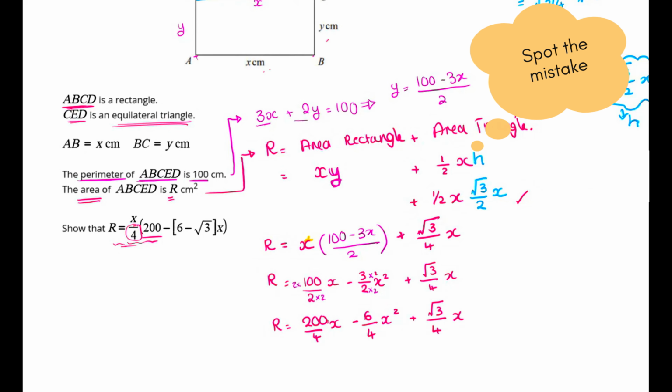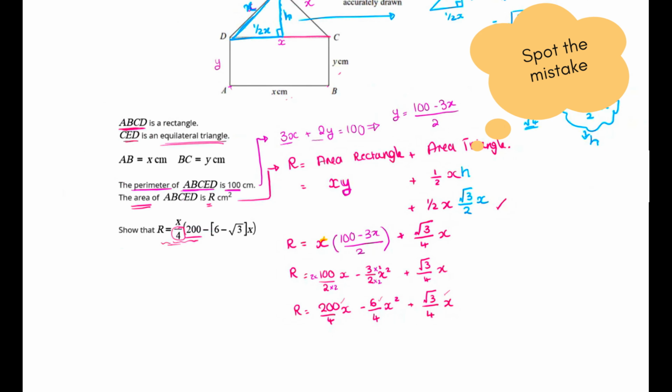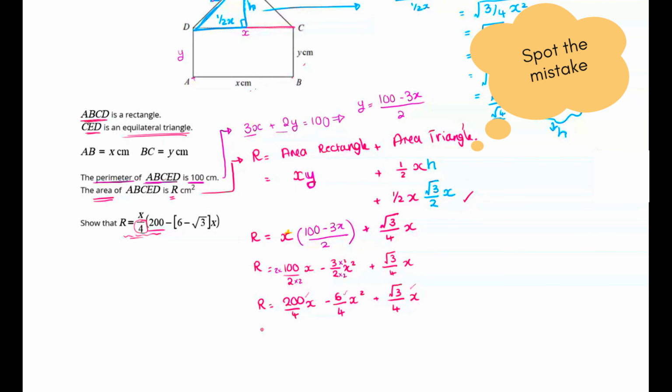Now notice I'm starting to see all these numbers, the 200, the minus 6, the 3. Now, if I just factorize out the x over 4, I'll end up with what they're asking me. So R equals x over 4, and inside my brackets, I end up with 200 minus 6x plus root 3 x.